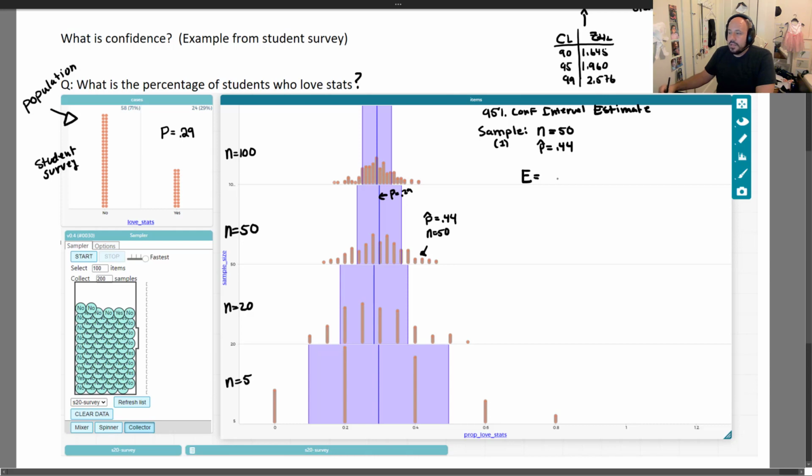When I take that margin of error, we have a critical value multiplied by the standard error. I don't want you to get too focused on the computation, but if you remember, we had our 1.960 if we're using 95% confidence, and then what we would have here is 0.44 times 0.56, and this would be over 50.